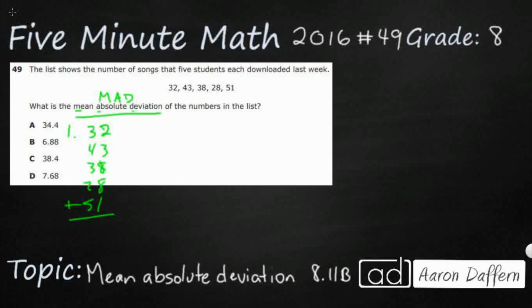That gives 192, and I've got 5 numbers, so I need to divide 192 by 5 to get our mean.